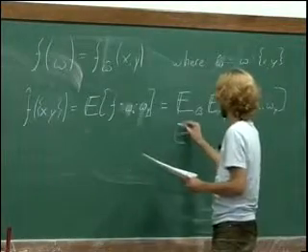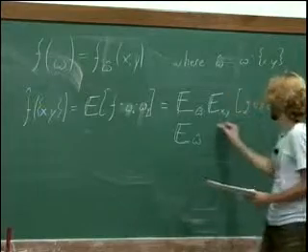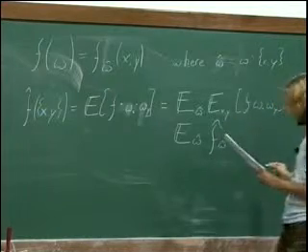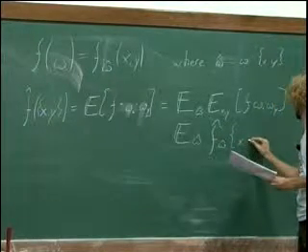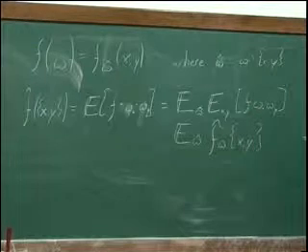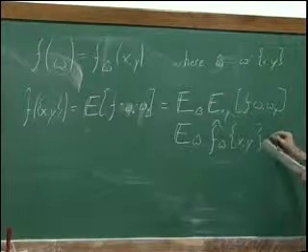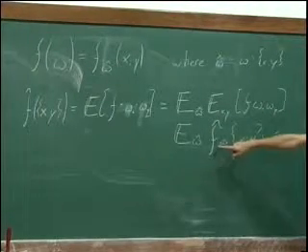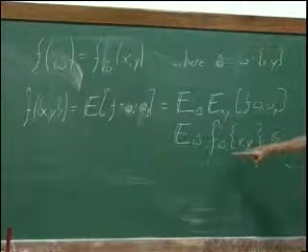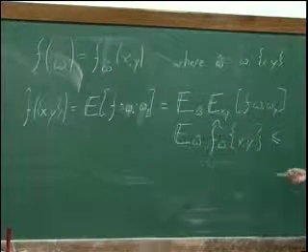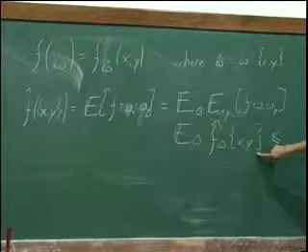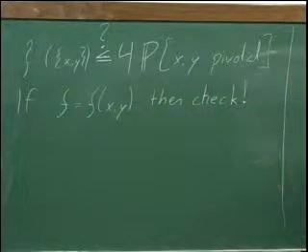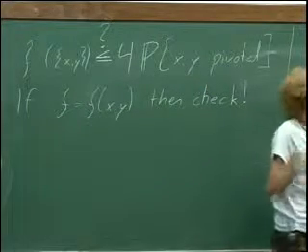Which is, of course, just the expectation over omega hat of f sub omega hat of x and y, which is less than or equal to, by what's over here, 4 times the probability that x and y are pivotal for f sub omega hat.